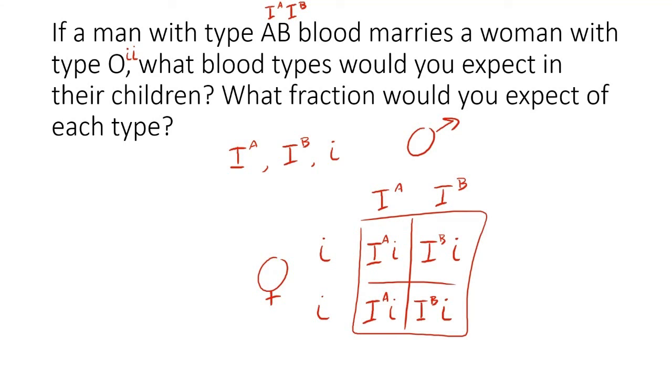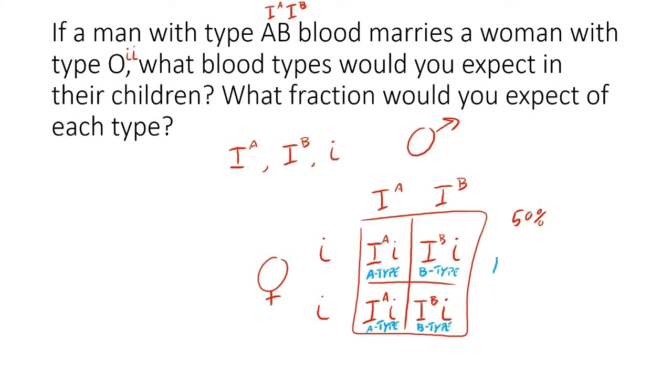What fraction would you expect of each type? So we will get this person has A-type blood because they have the A allele and a recessive. This person has the same phenotype. This person has B-type blood. Same here.